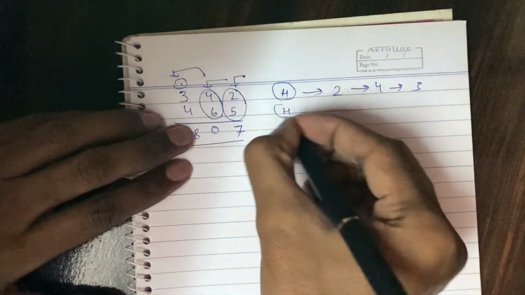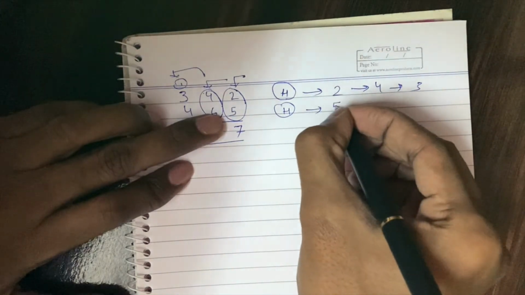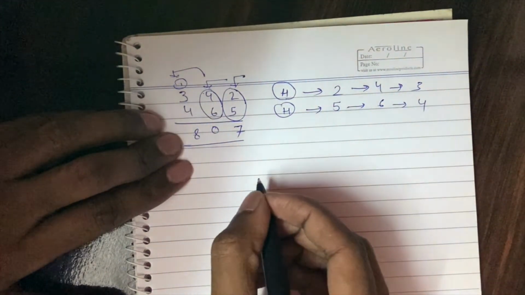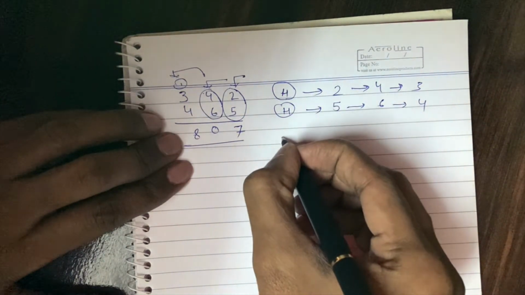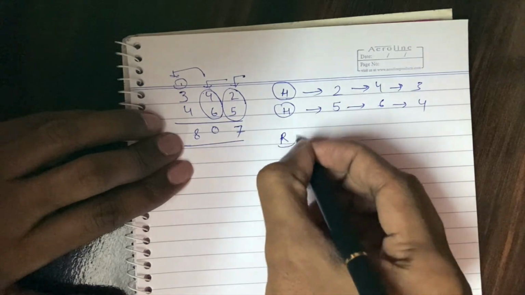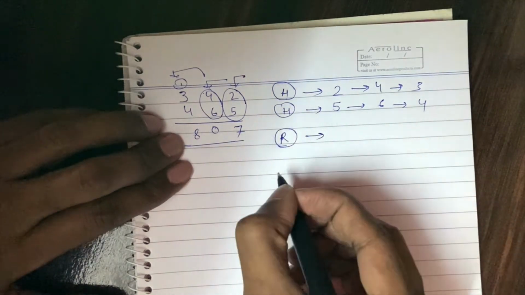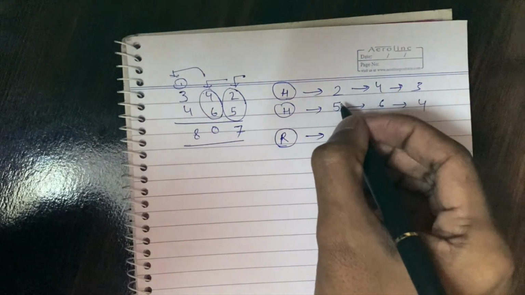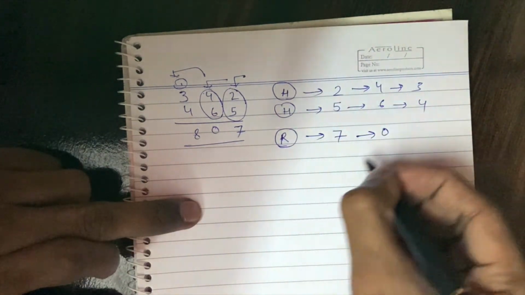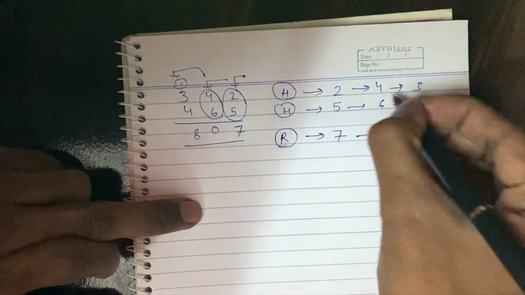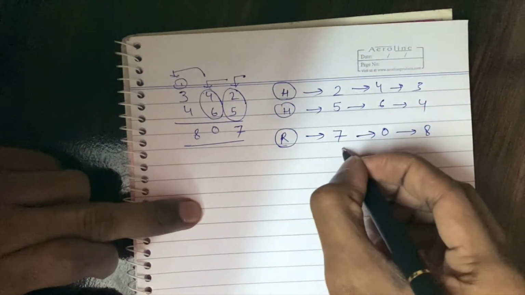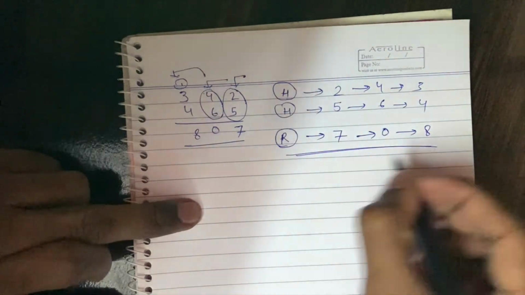Then for the second list, this is the head, and we need the elements 5 6 and 4. And then similarly the resultant, I'll call it R, although this is the head itself, will be 7 0, and then 1 carry also, then 7 plus 1 is 8. So that's what is required.